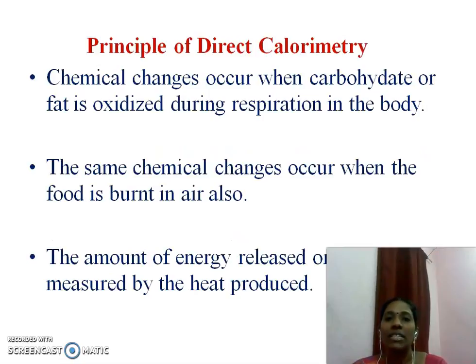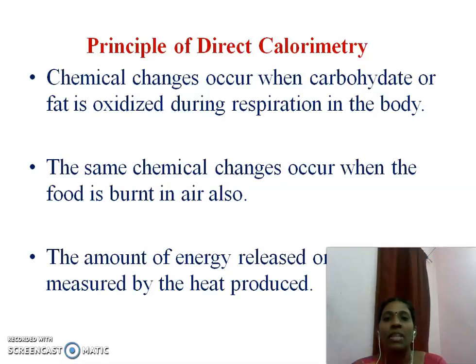Before entering into the bomb calorimeter, let us first see the principle behind direct calorimetry. The chemical changes occur when carbohydrate or fat is oxidized during respiration in the body. If you take any food in the form of carbohydrate or fat, with the help of oxygen, that will get burnt inside our body and produce some chemical changes.